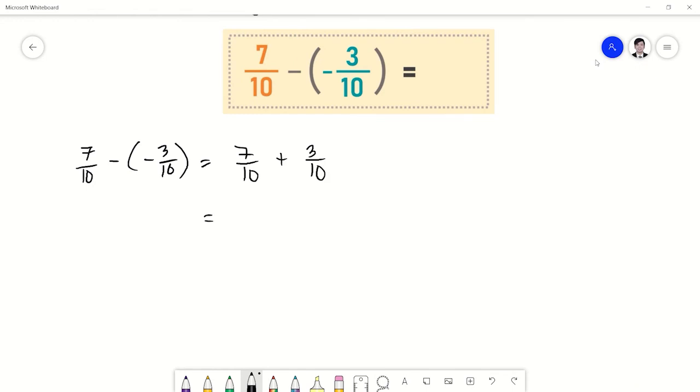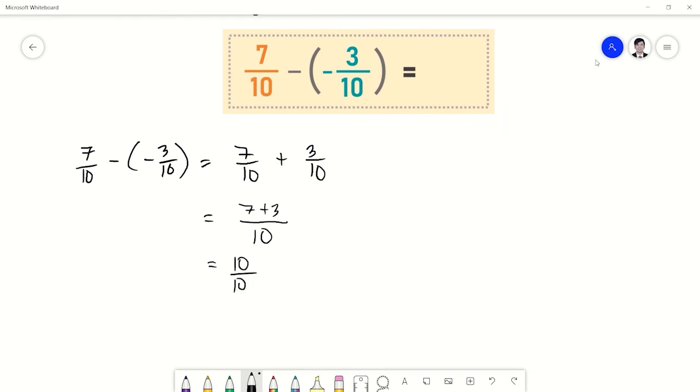Then, you will notice that both numbers are positive, so we follow the first rule in adding numbers. And since they have the same denominator, we just add by copying the common denominator and adding the numerators. 7 plus 3 is 10.